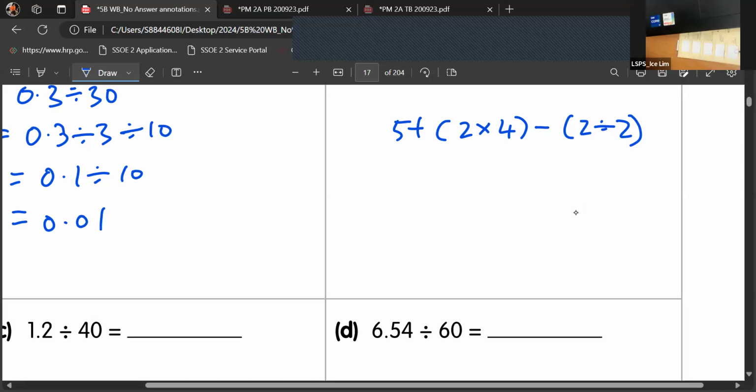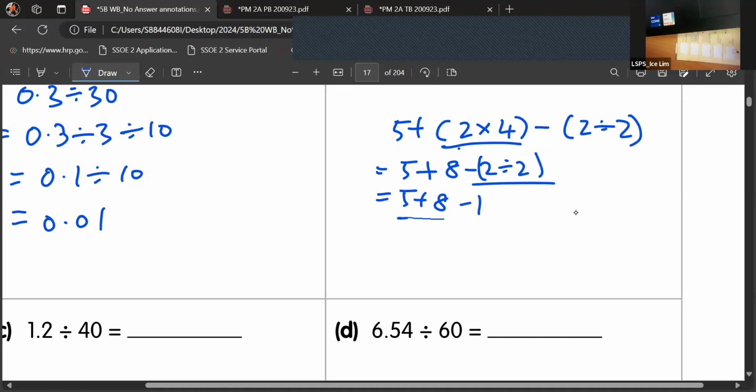What we have learned at the start of the year, underline the operation that we are doing, go through step by step. This sequential step by step is very important.